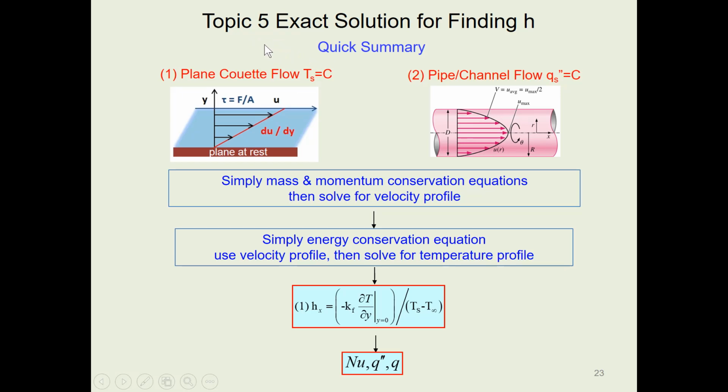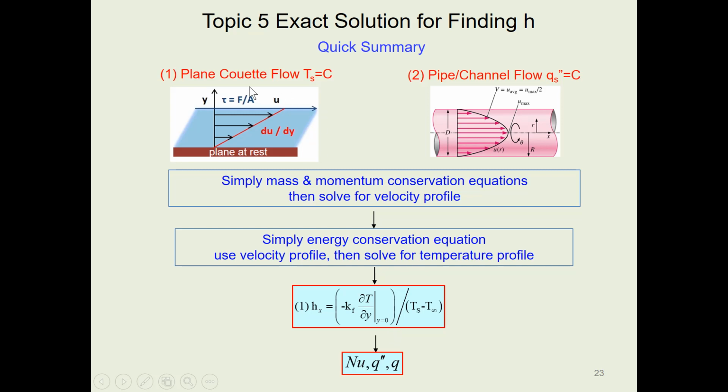At this point, we covered topic 5. You are expected to be able to simplify all the governing equations to obtain both velocity and temperature profiles, and then obtain the heat transfer coefficient and the Nusselt number.